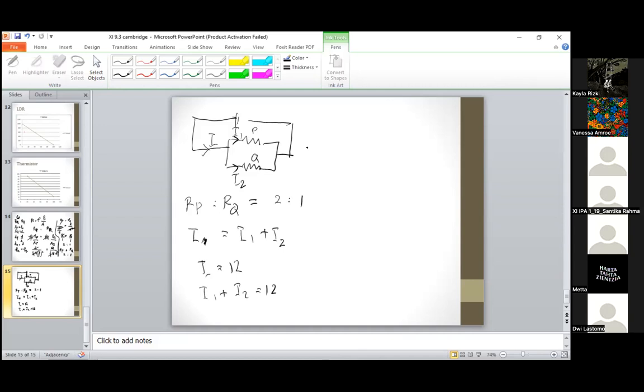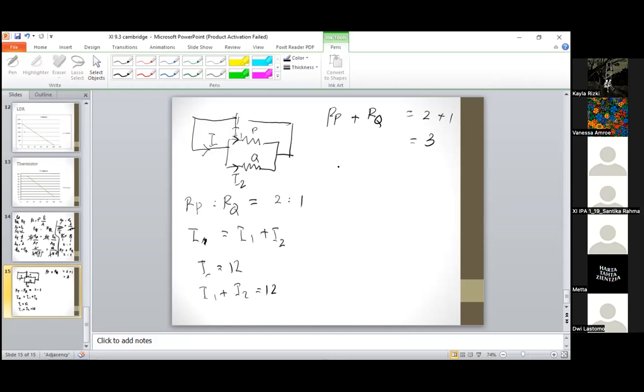Okay. The resistance should be summed first, RP plus RQ, like the comparison, so 3.